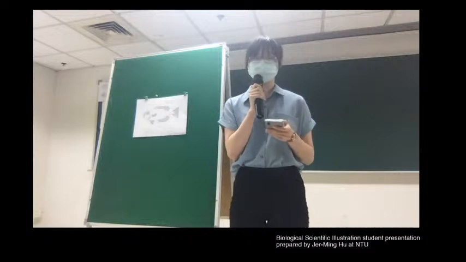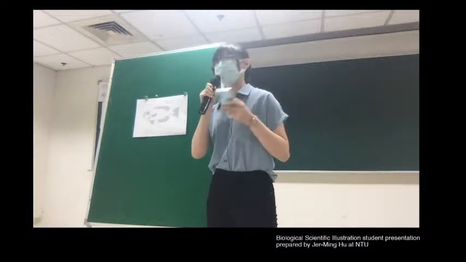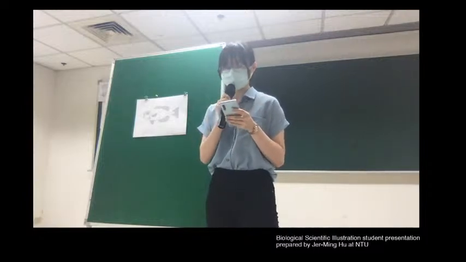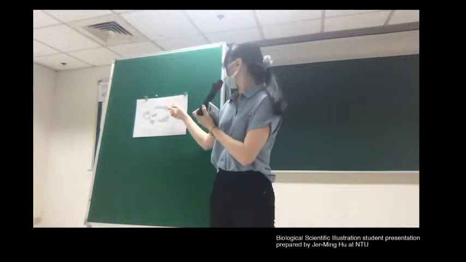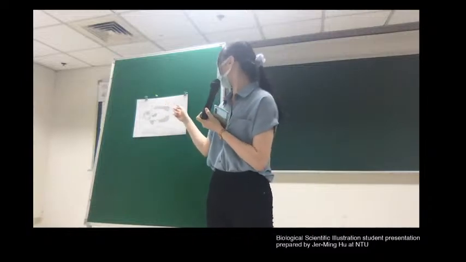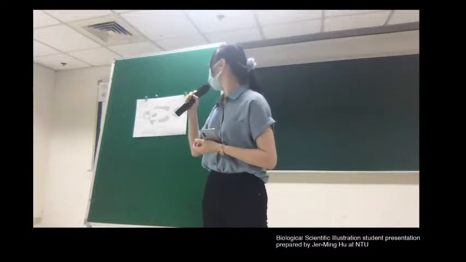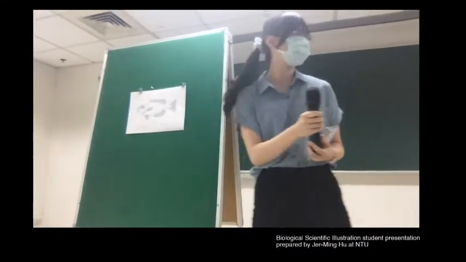Fin formula is like fish fin is composed of spine and rays, and fin formula will show how many spines and how many rays a fish has. For example, this species, it has for its dorsal fin, it has 10 spines and 12 to 14 rays. Okay, so that's what I want to show. Thank you.